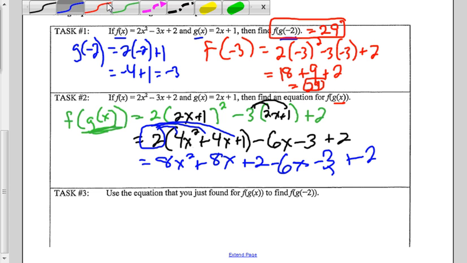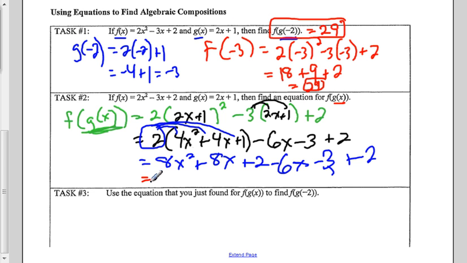And now at the very end, for our f of g of x, when I combine like terms, 8x squared, 8x minus 6x is 2x. Then we have 2 minus 3 is negative 1, plus 2 is positive 1. So this is what we get for f of g of x.